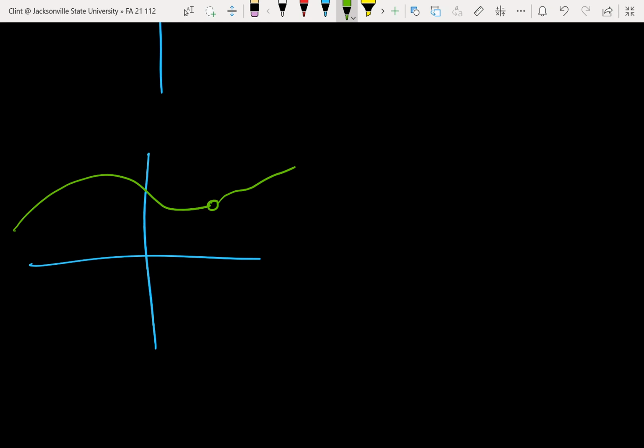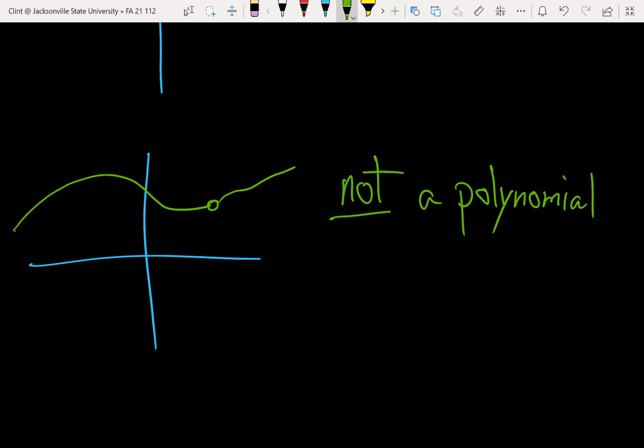That means that point's not defined. And so that's what I'm calling a hole on the graph. So this one would not be a polynomial. There are other types of functions that can have those things, but polynomials cannot.